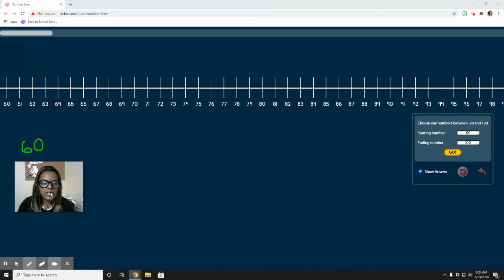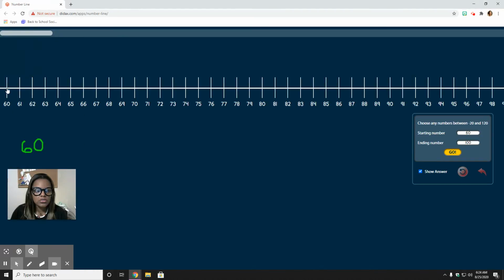Ready, guys? Let's do it. So here's 60 all the way over here. Now we need to jump 10 spaces to get to the second benchmark number. And as we do that: 1, 2, 3, 4, 5, 6, 7, 8, 9, and 10.